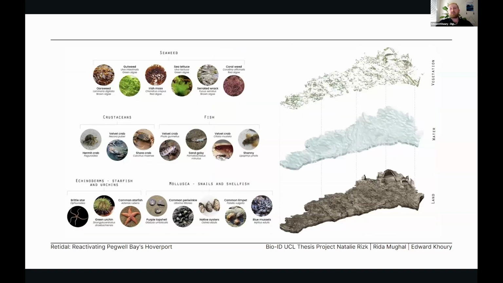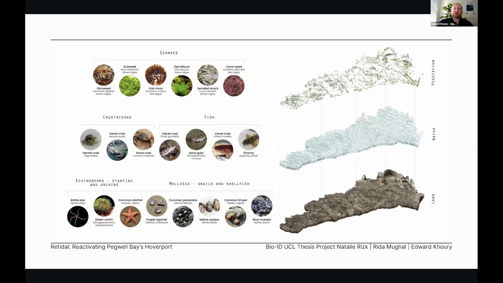Through that, you start developing diagrams that show what is possible to grow there, what is growing there. It's important to find a diverse and even level of understanding of all the organisms, because it's very easy to focus on one and then over design for one, which causes a problem again.